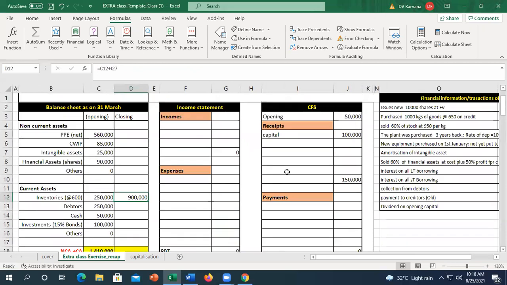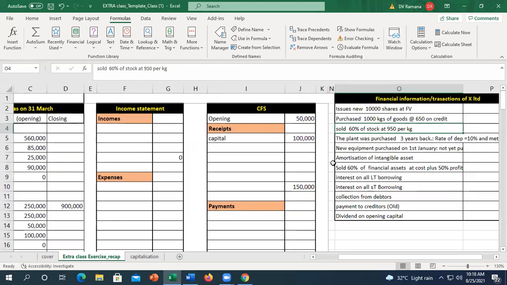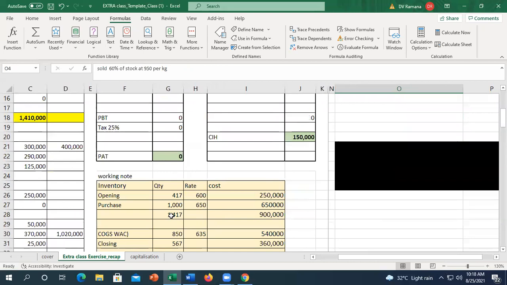Now, sold 60% of the stock at 950 rupees per kg. That means we have 1,417 kilos of inventory, and we sold 60% of that, 850 kgs.